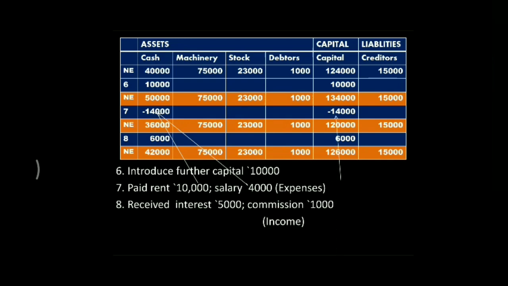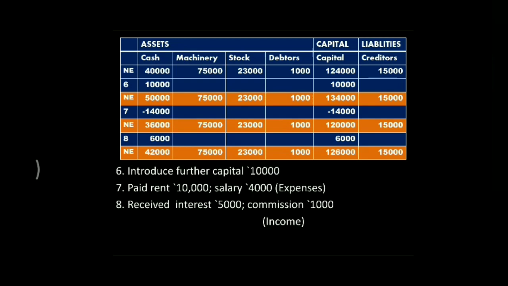Okay. Now what is the new equation after this? Cash 36,000, machinery no change, stock no change, debtors no change. Capital has declined from 1,34,000 to 1,20,000 and creditors 15,000.